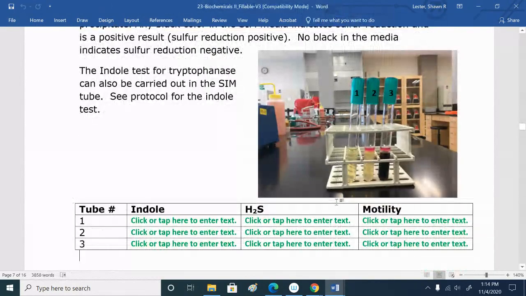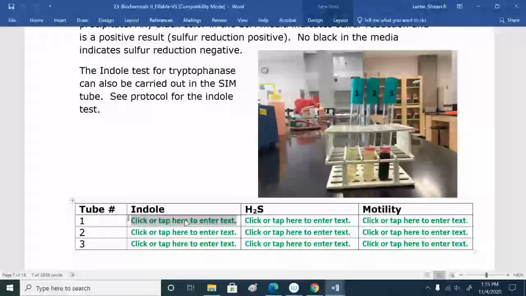So here we have 3 tubes, and you tell me what's going on in all the tubes. So in tube number 1, where we've added Kovacs, for the indole test, is it positive or negative?